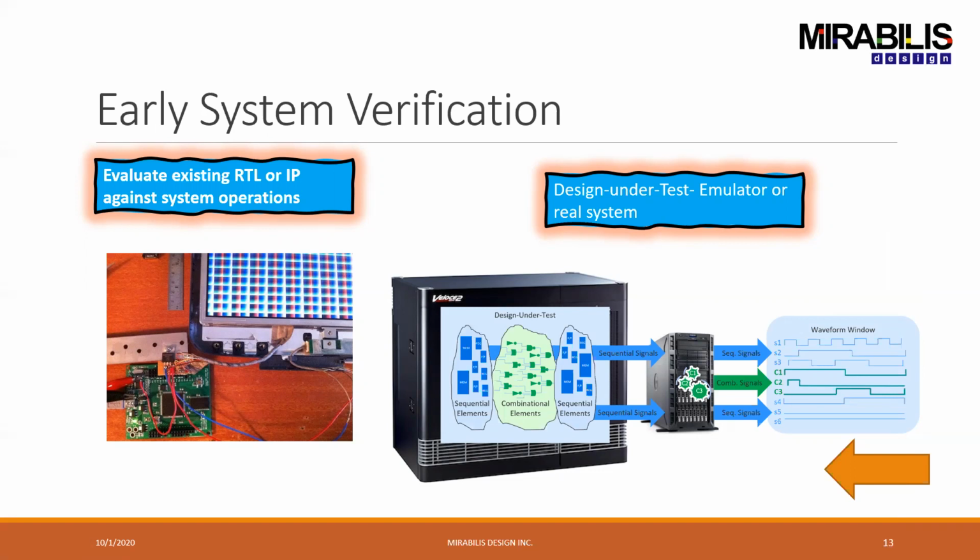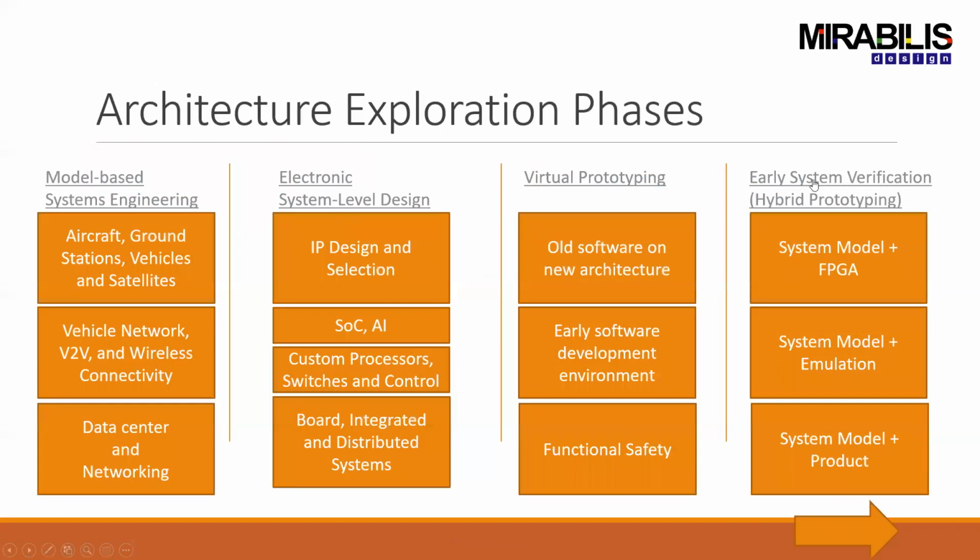And then you can study, for example, the waveforms, or you can study what the expected response times are and things like that. As you can see, all of these are required in a product development flow.